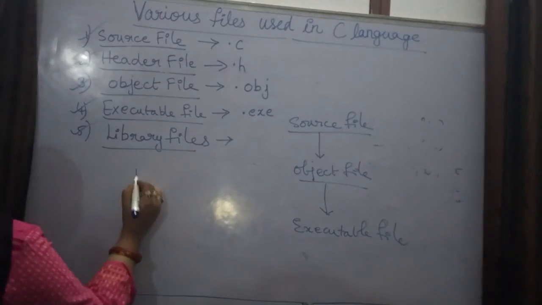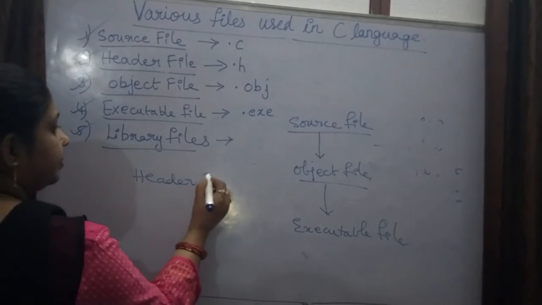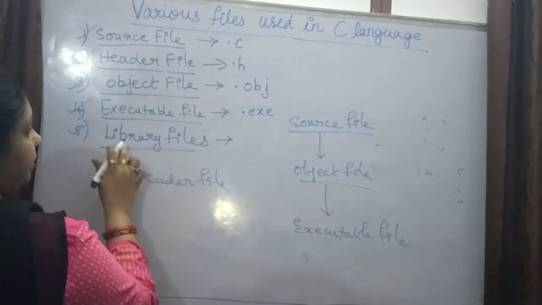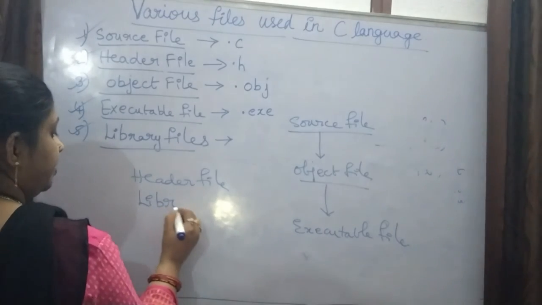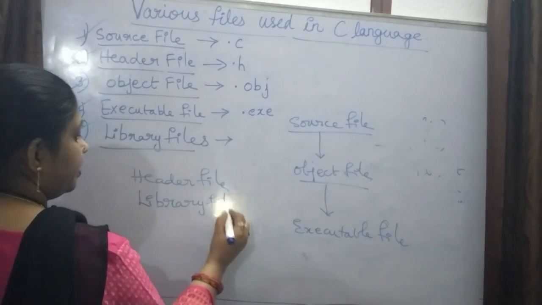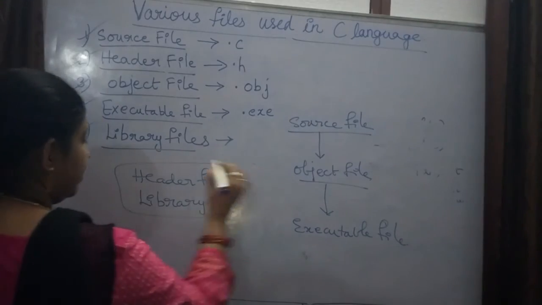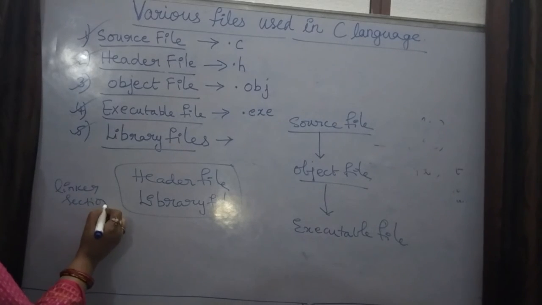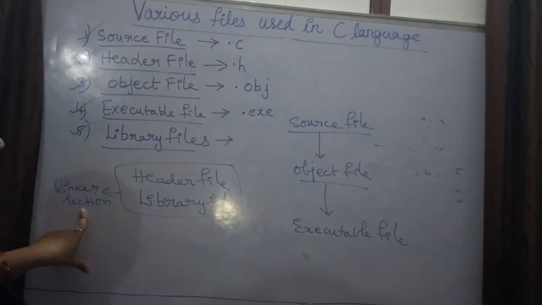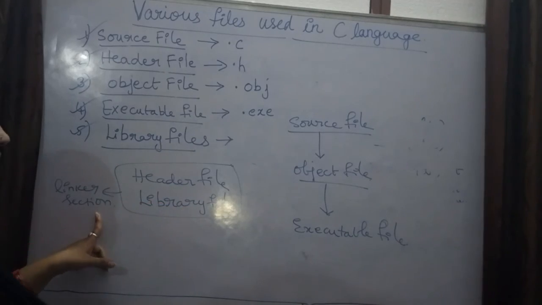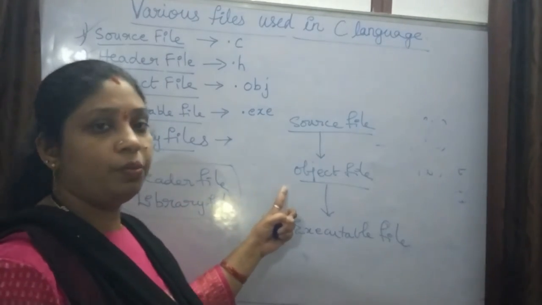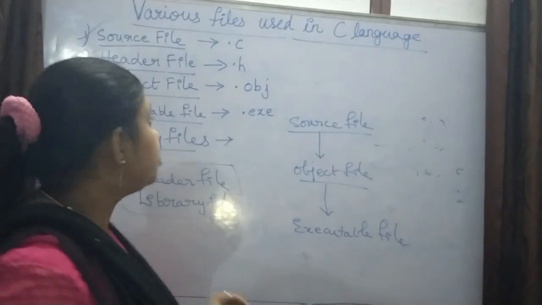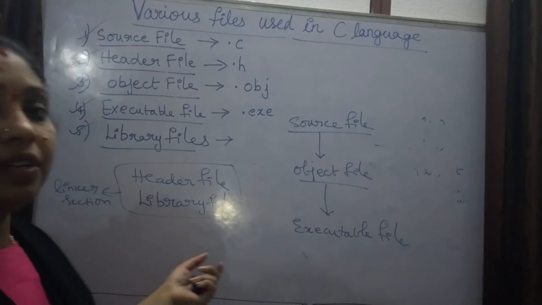The header file and library file are connected to the linker section. Source file changes to object file changes to executable file, then only the program runs. So all these are the files which we use in our C language.